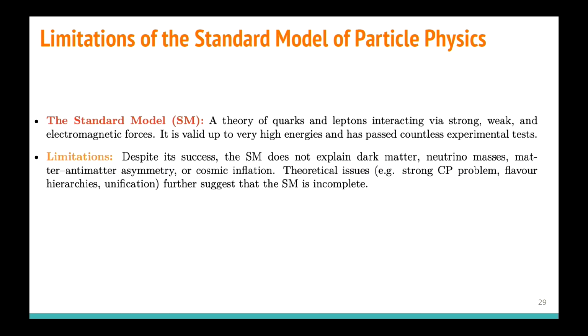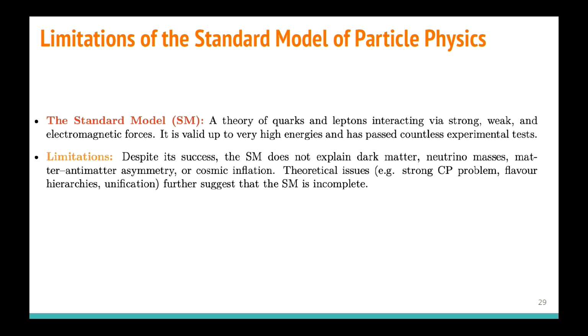Before I go on to the standard model EFT, I would like to say that we know the standard model is a really beautiful theory, a theory of quarks and leptons which interact via the strong, weak and electromagnetic forces, and it is valid up to very high energies because it has passed countless experimental tests. However, it has limitations.